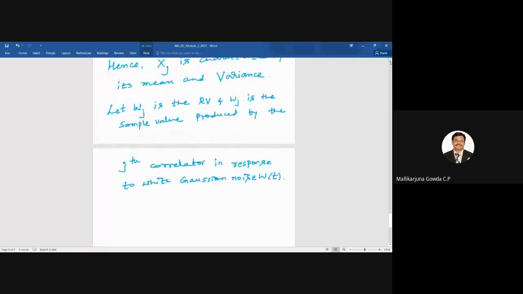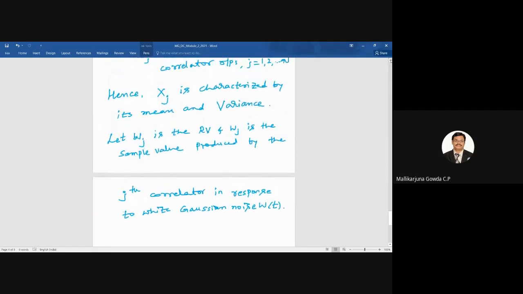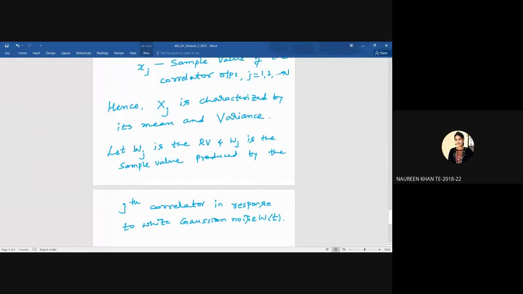Is this fine? I said capital Xj is the random variable, and small xj is the sample value of that random variable, that is the output of the correlator, right? This random variable is characterized by mean and variance.